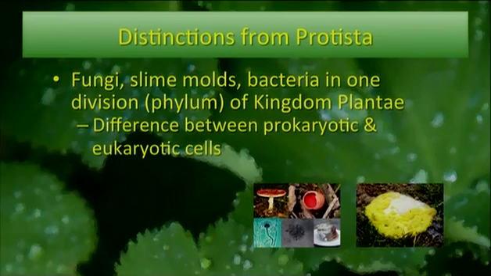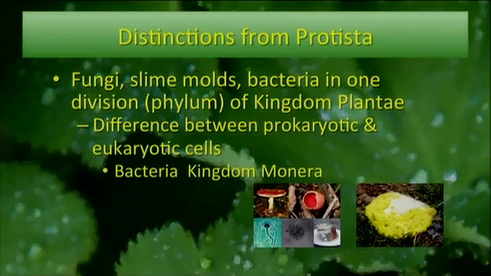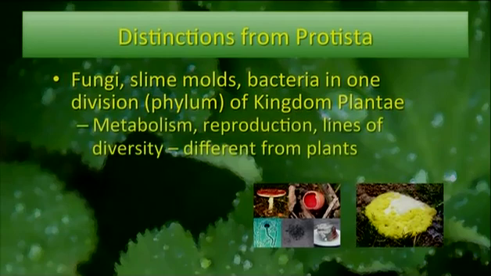Then they put the bacteria in the kingdom Monera, separate from the others. The metabolism, reproduction, and lines of diversity of fungi were different from plants, so they put the fungi in the kingdom Fungi.